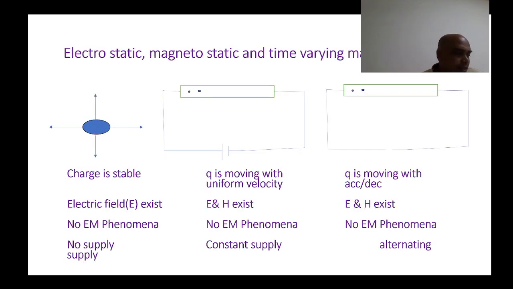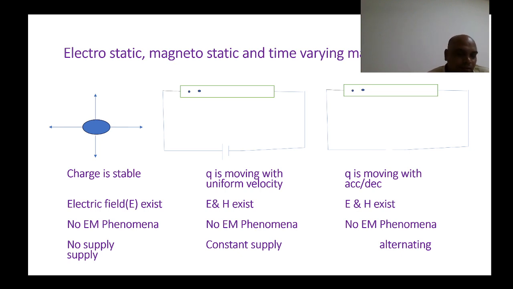First we will discuss the basics of electromagnetic theory, and after that Ohm's law. In electromagnetic theory, I will give a brief introduction of electrostatics, magnetostatics and time varying magnetic fields, and tell the differences.